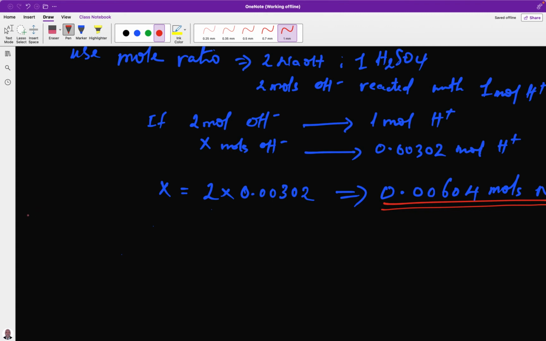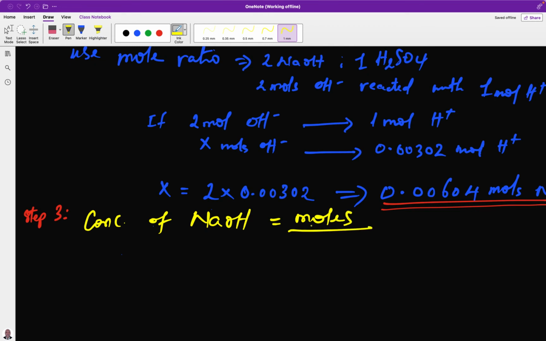Step 3. Concentration of sodium hydroxide. The concentration of sodium hydroxide will be equal to the moles divided by the volume in dm cube.